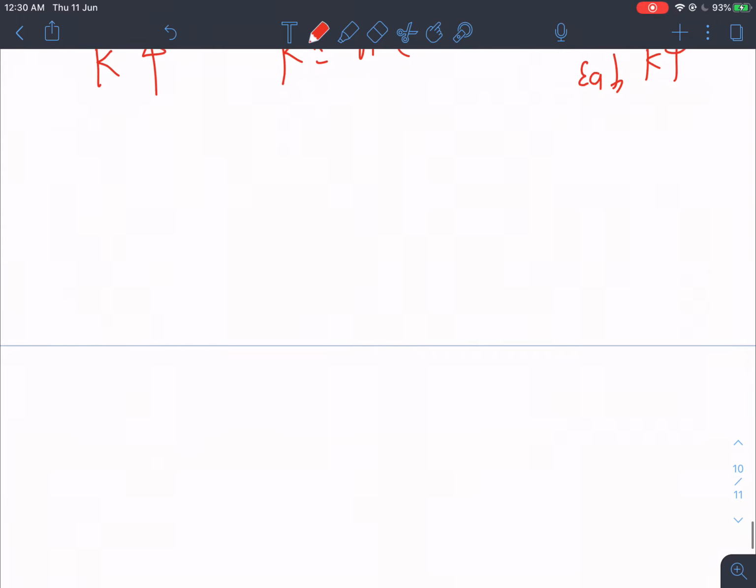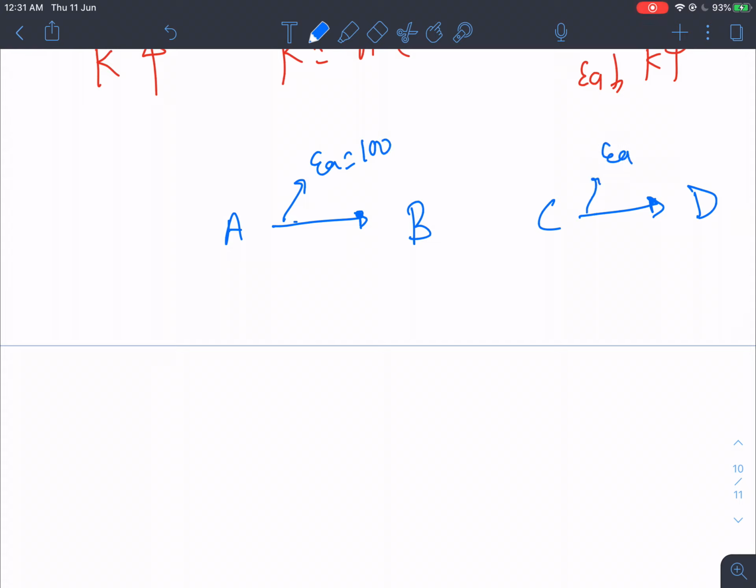Now coming to the very important analysis, suppose we have two reactions. I am going to ask you one question. Suppose you have two reactions: A is forming product B, and another reaction is C forming product D. Suppose the activation energy of the first is 100 and the second is, for example, 50 units. Now I was carrying out this reaction at some temperature T naught equal to 300 Kelvin.